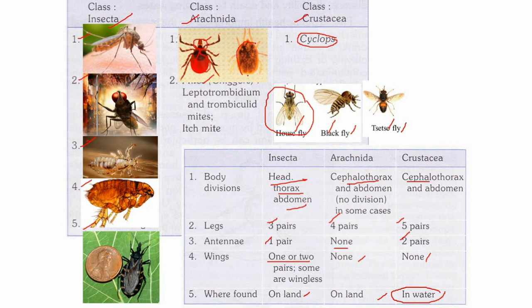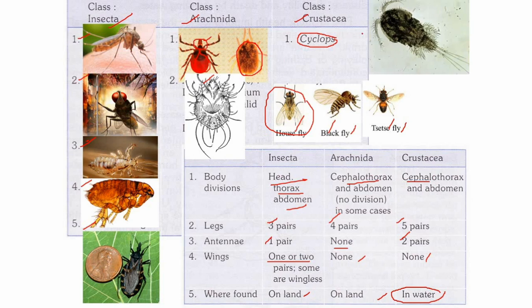When it is of an exactly cuboidal shape or a smoothened rectangle shape, then it is a soft tick. Then we have the itch mite and cyclops. Cyclops has 5 pairs of legs, 2 pairs of antennas, and no wings. They live in water. Cyclops is the vector for guinea worm disease.